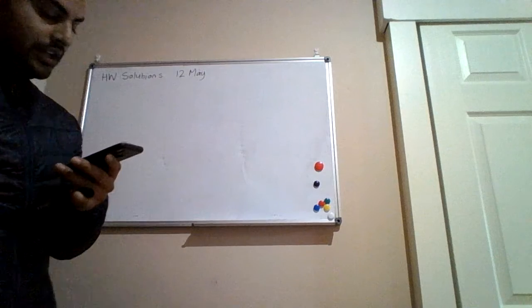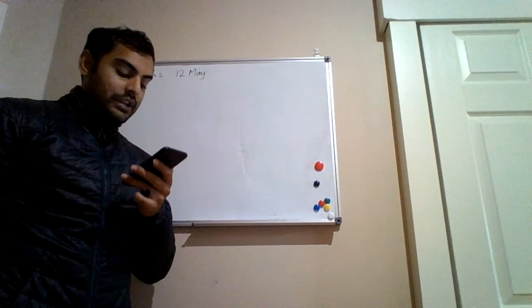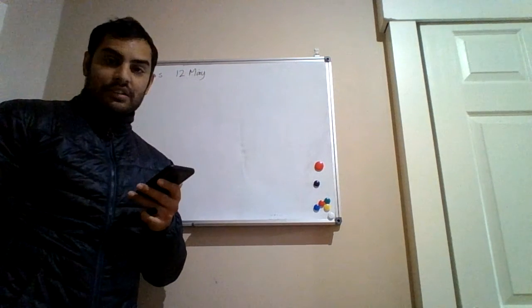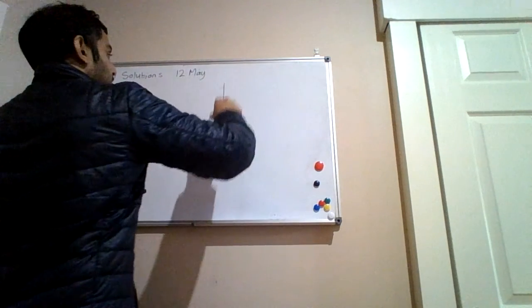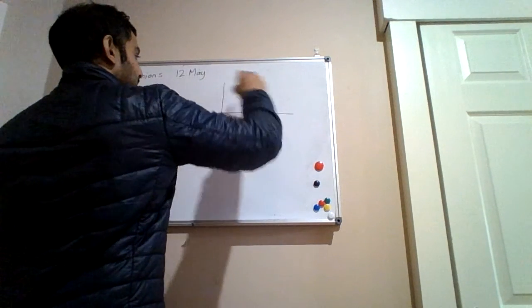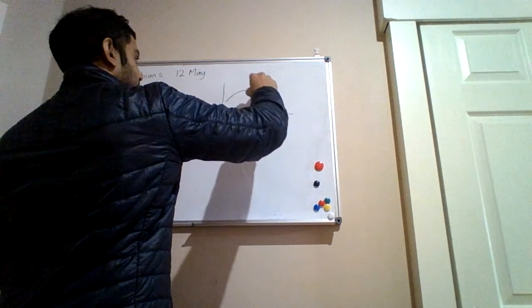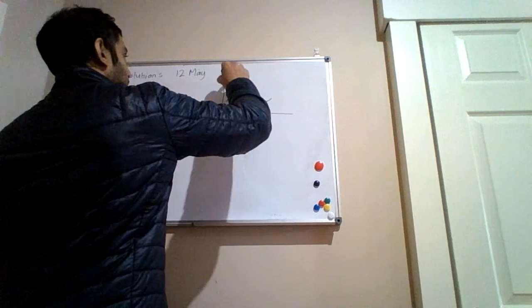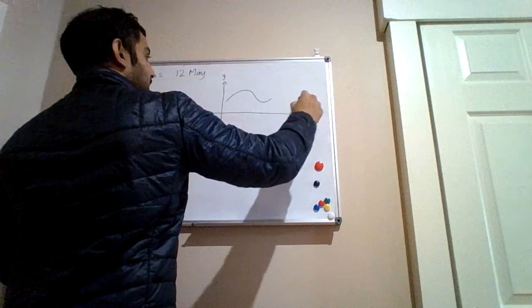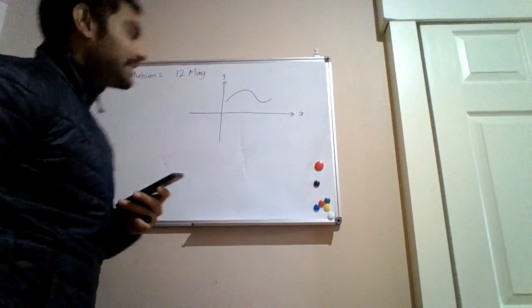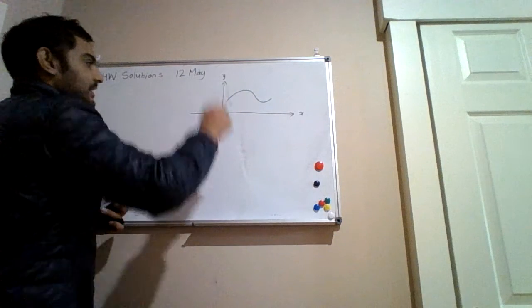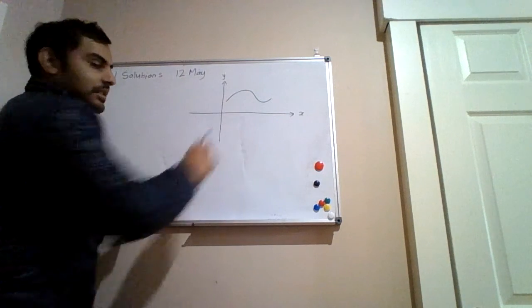Question 4. What is the reflection of the graph 3 to the x about the x-axis? So let's just recap x-axis reflections. Whenever we reflect about the x-axis, we take this thing and we flip it.